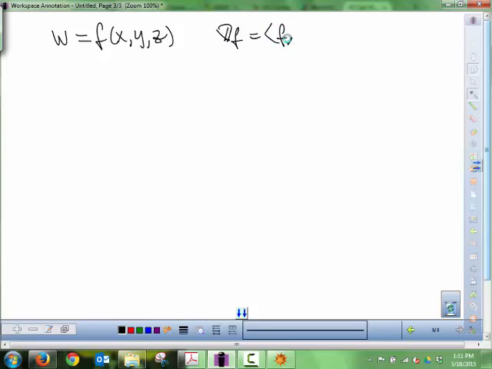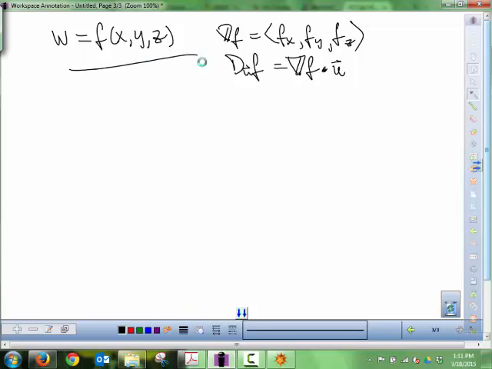Of course you'll have 3 components this time. And then your directional derivative would still be the same formula, except it'll be in 3 dimensions. So I'll still write it the same way, except the gradient of f will have 3 components, and then the u should also have 3 components. Okay, so that's the background work.